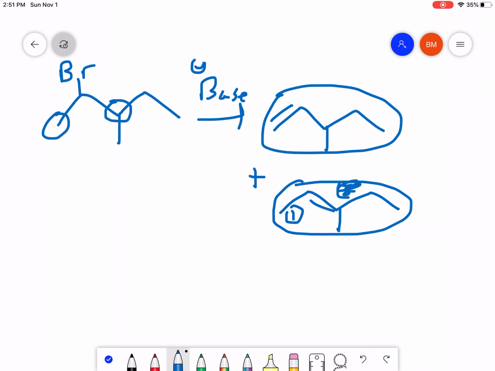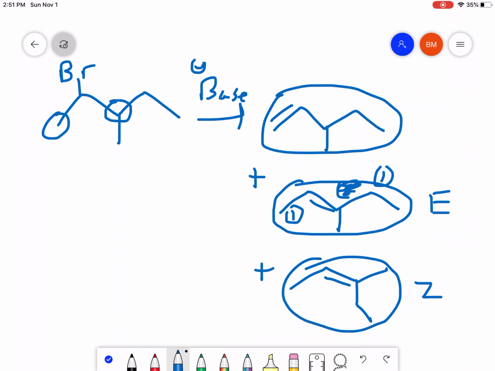In fact, I think this is the same one we just did in the example. They're on opposite sides, so that is the E arrangement. But if you have the E, it is certainly possible to have the Z as well, so that does need to be included as an additional product. So you would actually get 3 different products here.